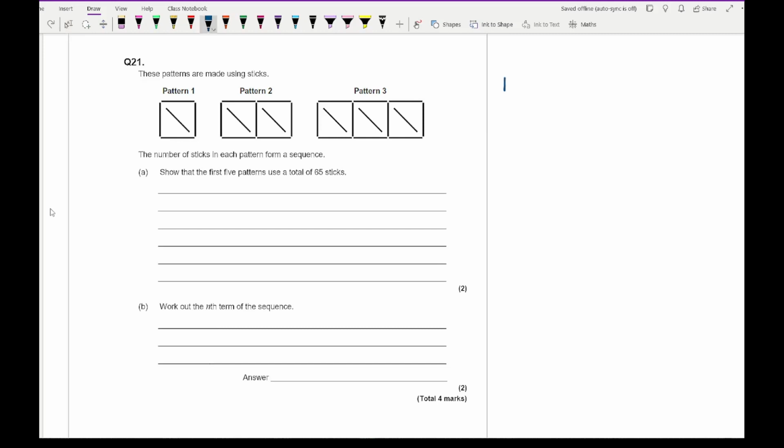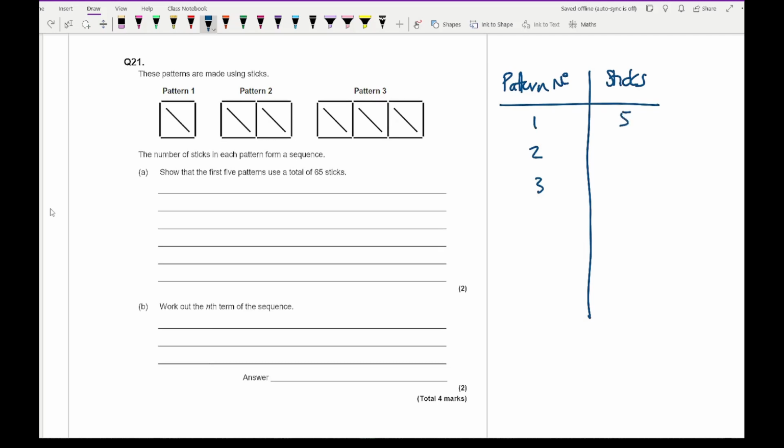So here I've got pattern number and the number of sticks. And again, this is just one way of doing it. So I've got pattern 1, 2, 3. For pattern 1, I'm using 5 sticks. For pattern 2, I'm using 1, 2, 3, 4, 5, 6, 7, 8.